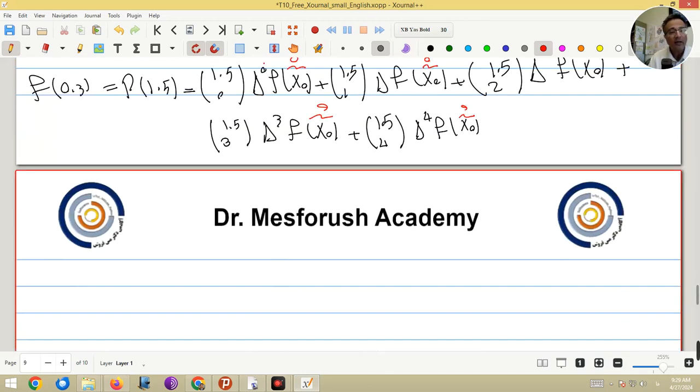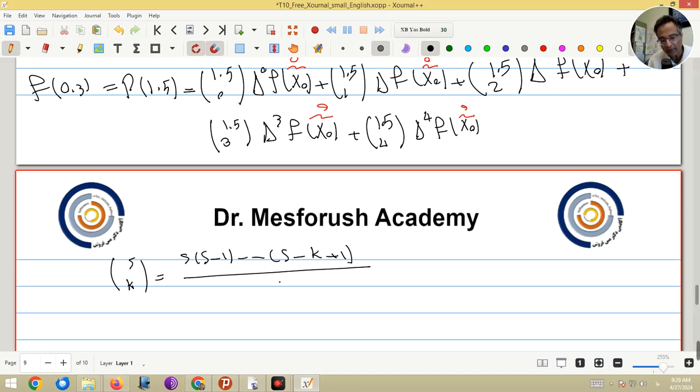So I can find something like this. For example, for 1.5 of 0, I use combination k of s equal to s times s minus 1 times s minus k plus 1 over k factorial.